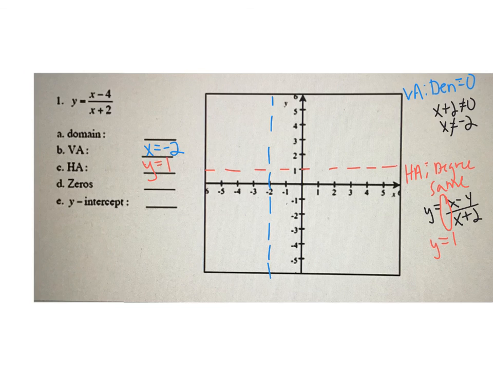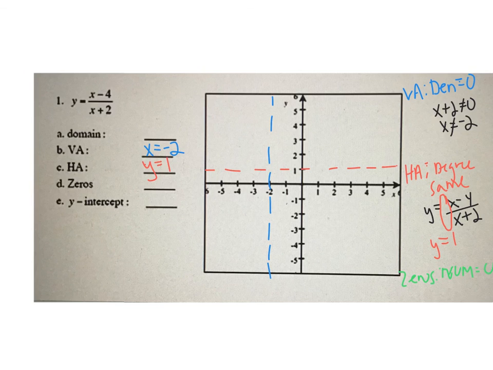Okay, so let's find zeros. Where do we look to find zeros? Zeros are found by setting the numerator equal to 0.